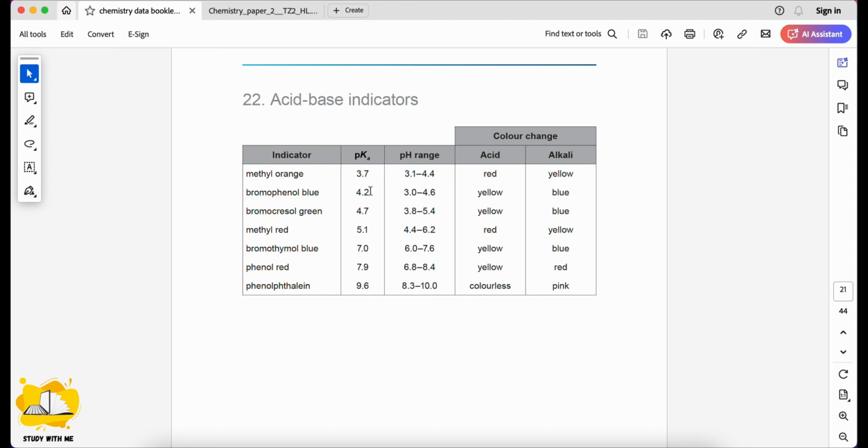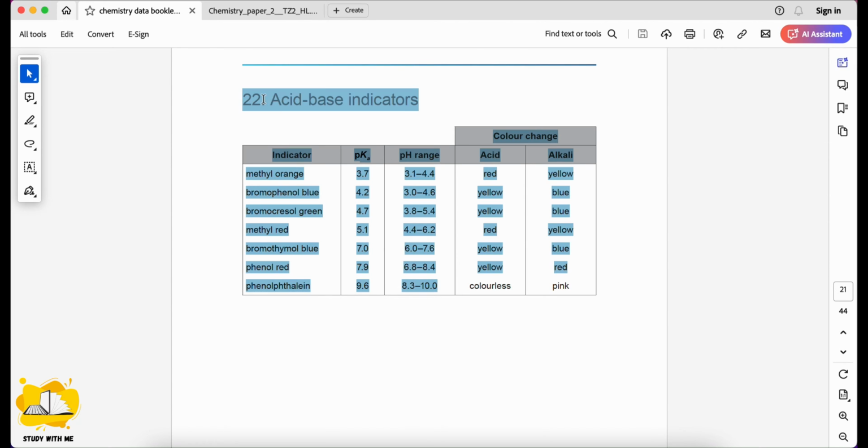Because methanoic acid is a weak acid and is titrated using NaOH, which is a strong base, the pH at equivalence point will definitely be bigger than 7. So if pH is bigger than 7, the indicator will be phenolphthalein.